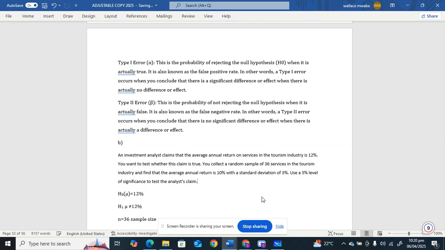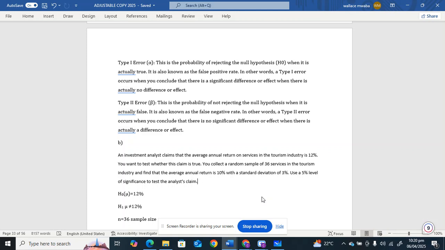Yes, that's correct. A population is the whole group. A sample is a subset of the group.